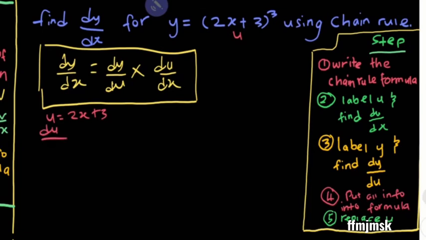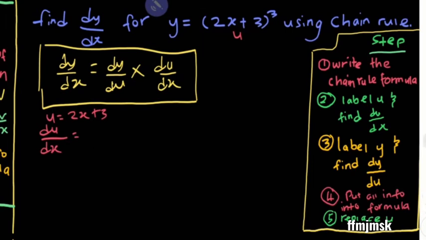So the derivative for u, du over dx, is equal to 2. How to get the derivative equal to 2? You use the basic rule of differentiation. I will show you how I get 2 in this question.